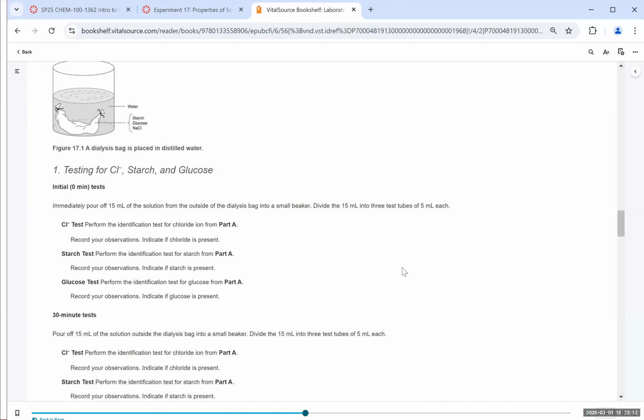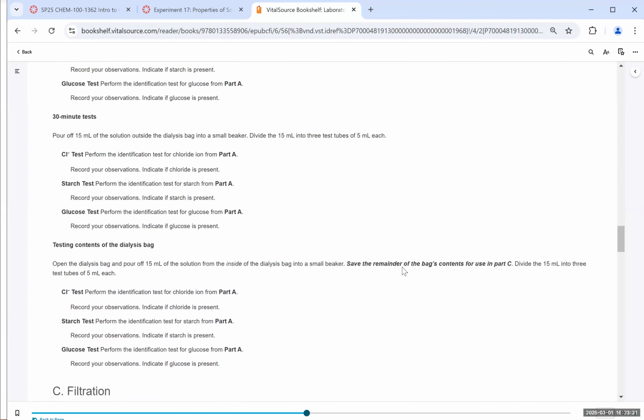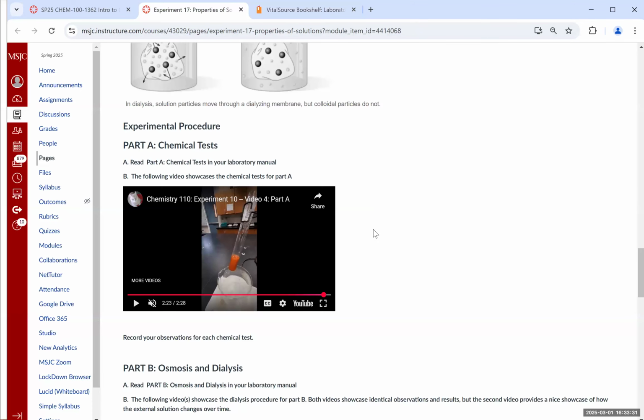We're then going to allow 30 minutes to pass and we're going to test the water outside the dialysis bag using the same set of chemical tests. Finally, we're going to open the dialysis bag, pour it out, and test inside the dialysis bag using these 3 chemical tests. So that's what we're doing. Let's now watch some videos.